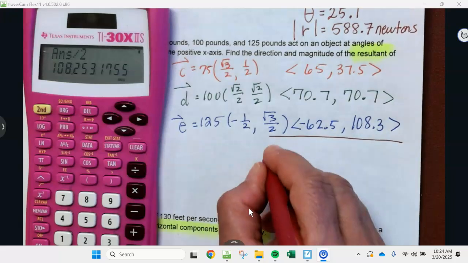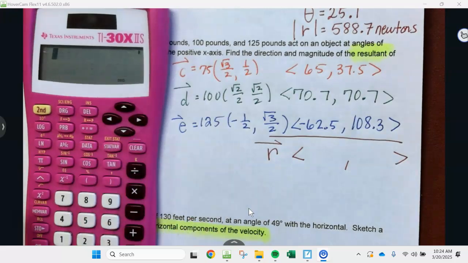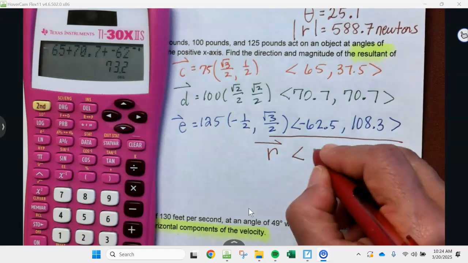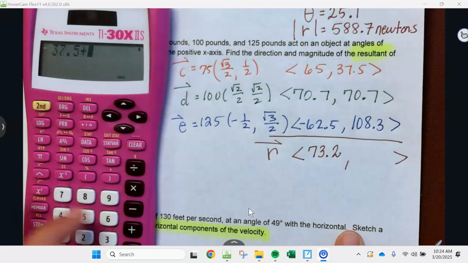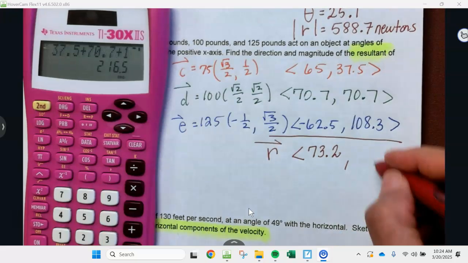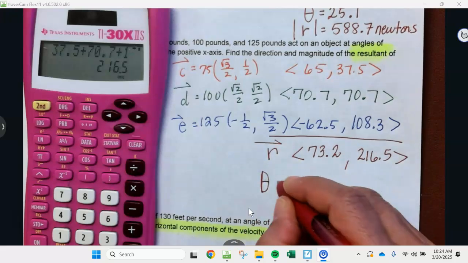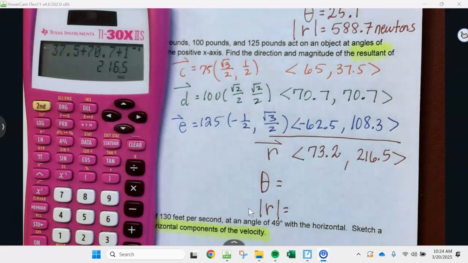After you add it, remember to label it vector R. Y'all go ahead and find the direction angle and the magnitude.